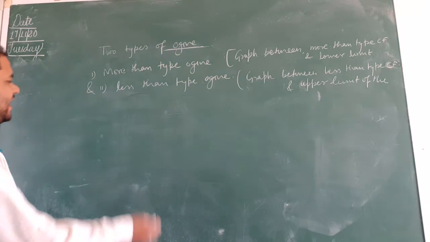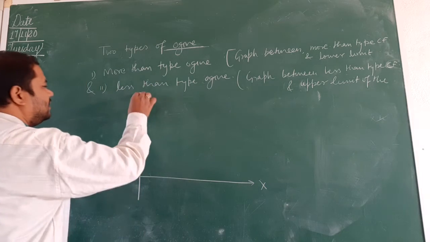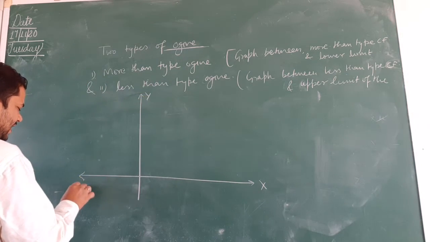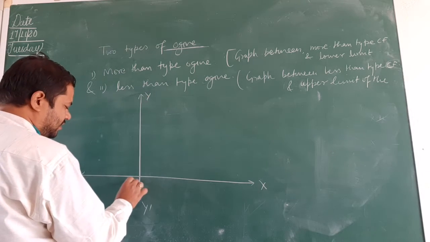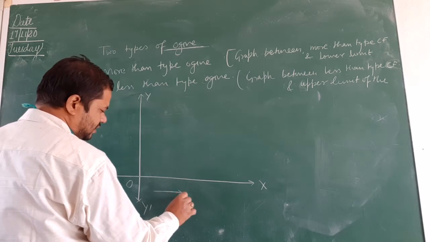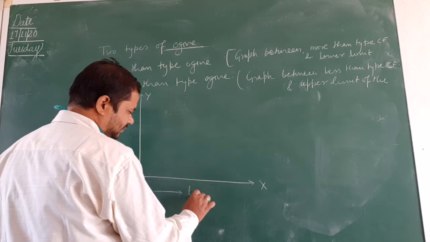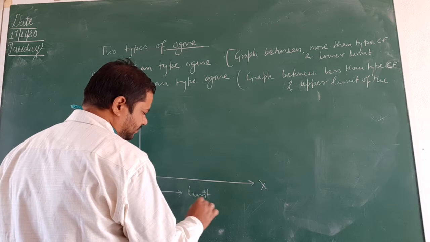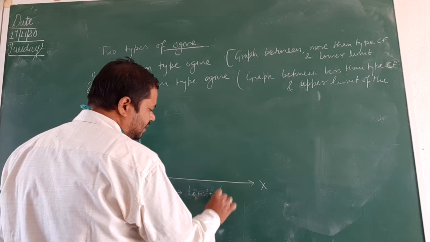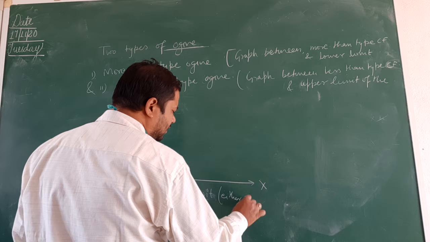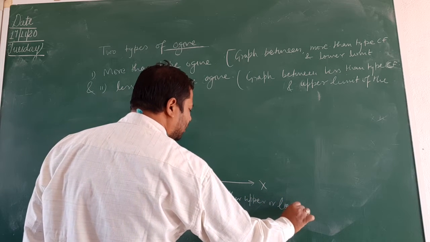Limit is always taken on the x-axis. x, y, x dash, and this is y dash. Okay, this is the origin. This is the limit, either upper or lower.